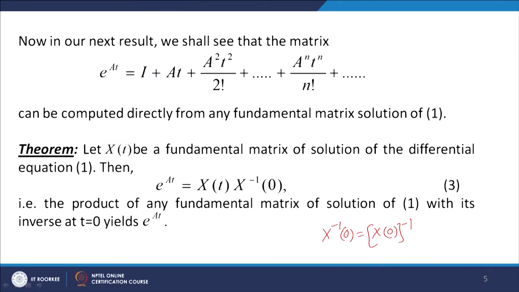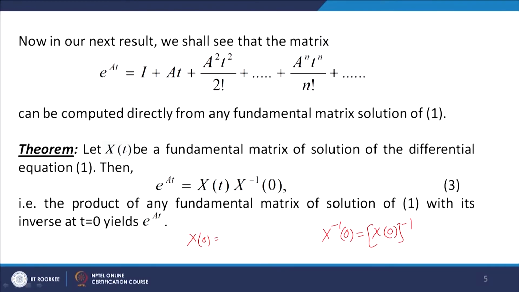So, X inverse(0) is the inverse of the matrix X(0), that is, when you know the matrix X(t), just put t equal to 0 there. Then X(0) will be equal to x1(0), x2(0), and so on, xn(0).